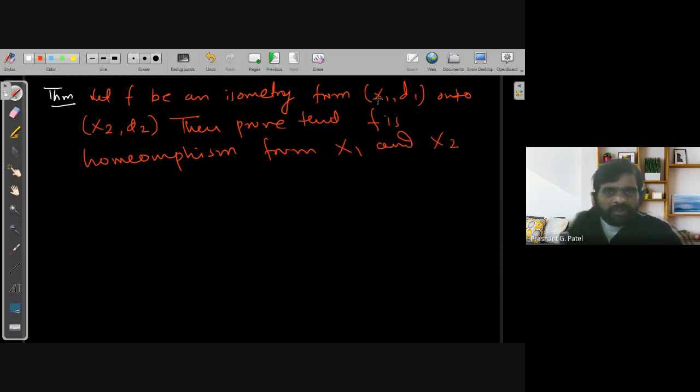What does it mean? If two spaces are isometric onto, then it will be a homeomorphism. The converse is not true, because a homeomorphism doesn't imply that the distance will be preserved. The converse example you can find easily.